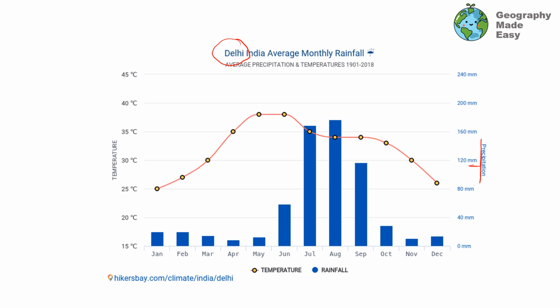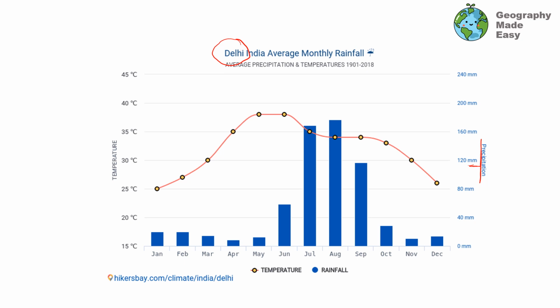So in January, the rainfall is less than 40 millimeters. It's around 20 millimeters. February also around 20 millimeters. It's lowest in April, just a little less than 20, also 17, 18. Again in November it's very, very low. We see the highest rainfall of around 166 millimeters in August. This is because of the monsoons.